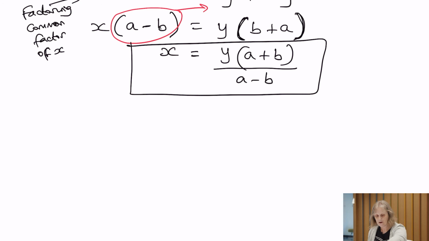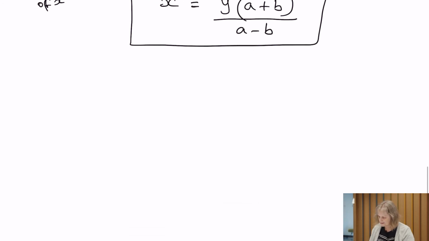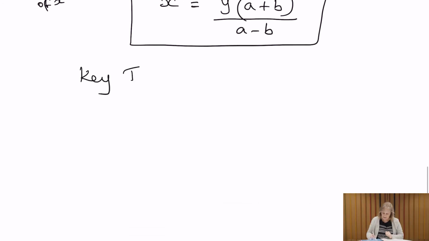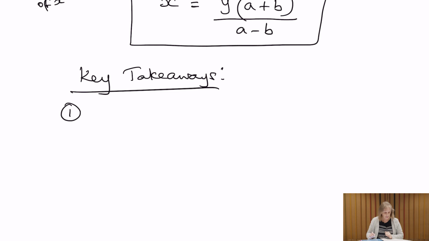Okay, so just some key takeaways from this, just as a reminder for future reference. Just a couple of those. So remember to use the shortcuts that we use in algebra to work out the answers and the solutions more quickly.